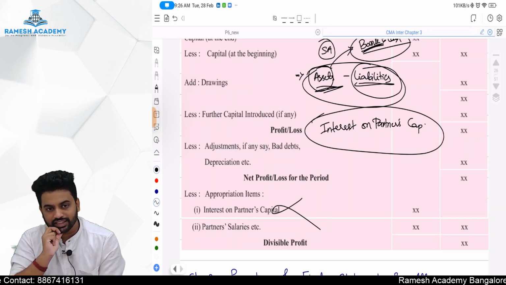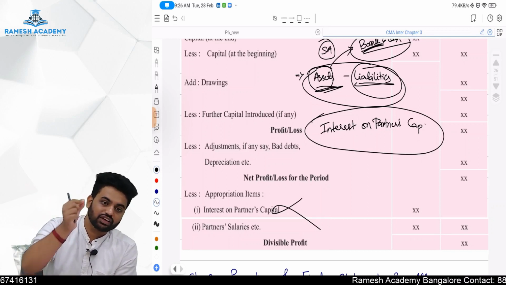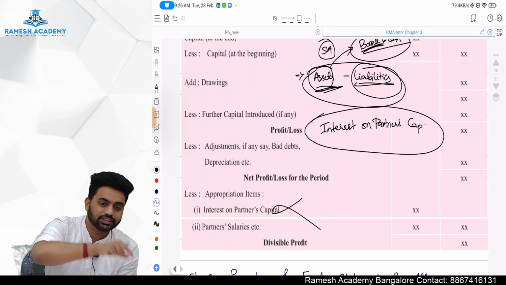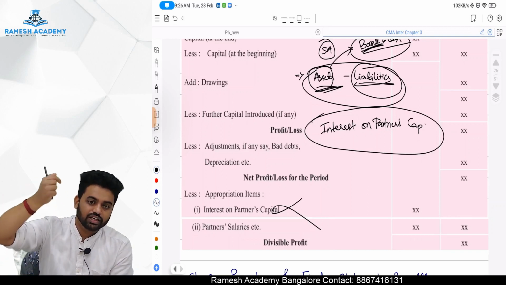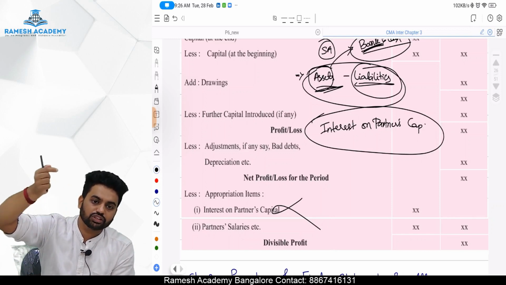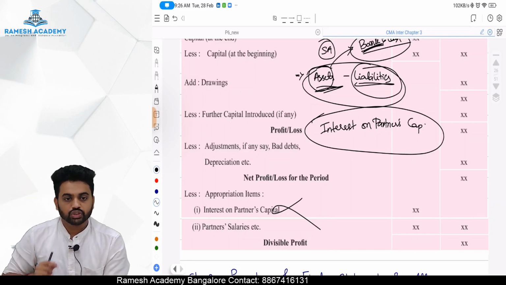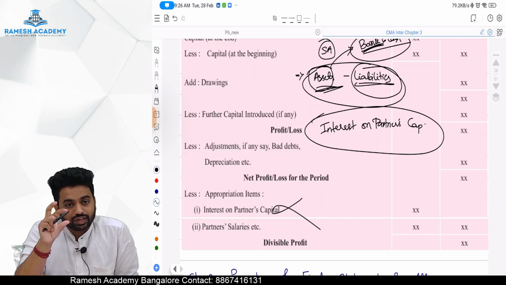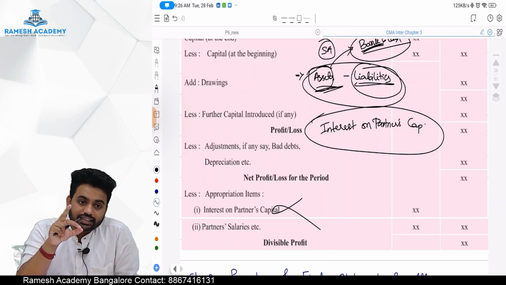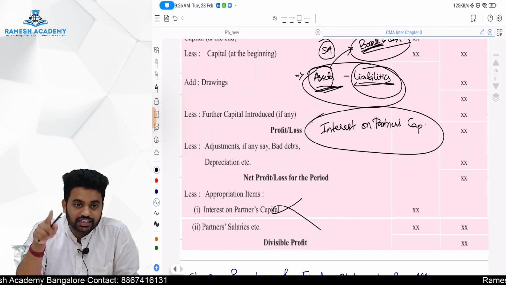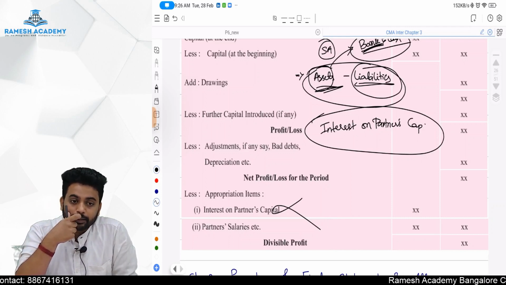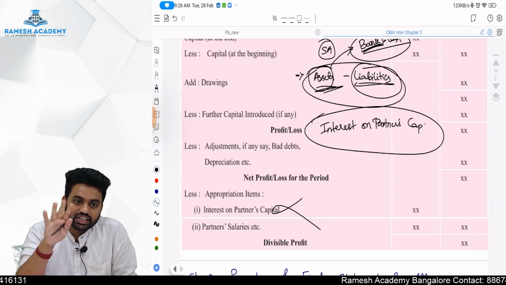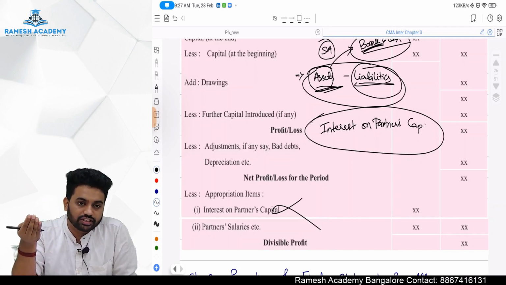If the debtors are there, you have to find out whether the effect of a bad debt is already given in the debtors or not. If it is already given, then your asset is after adjustment. If asset is after adjustment, capital is also after adjustment. So basically we have to check whether your assets or liabilities are getting adjusted with those items already. If they are already getting adjusted, then capital is after adjustments, so additional adjustment is not required.